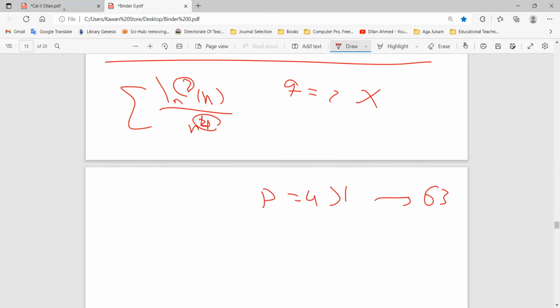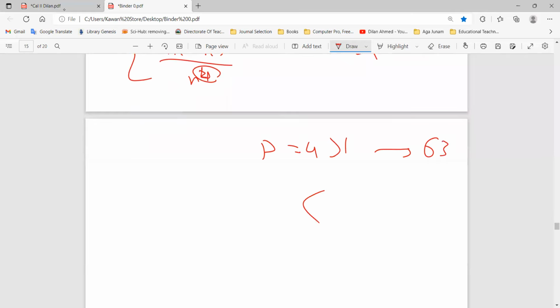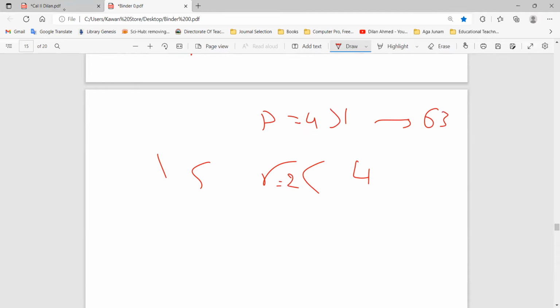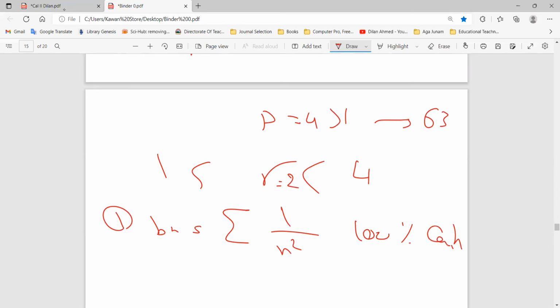I'm going to use 63. So I say between 4 and 1, I'm going to find R. Up to you. 2, 3, whatever. 2. Okay. So now I say let Bn be 1 over n squared, 100% converge. You got it?